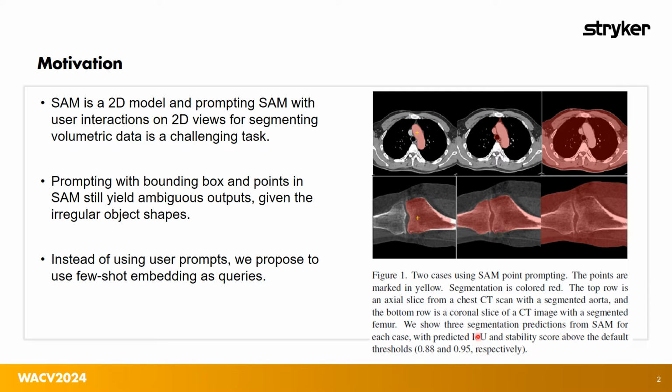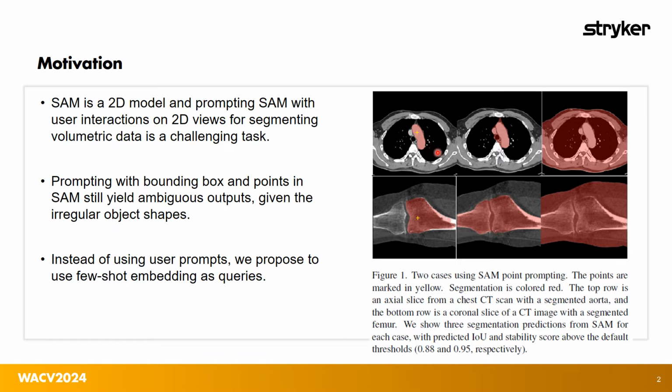But in this case, all three segmentation outputs are above 0.88 for the IOU and 0.95 for the stability score. So you cannot find a single threshold. And actually, the last case gives you the best scores. This is why using single prompts does not work for SAM. You always have ambiguous output.